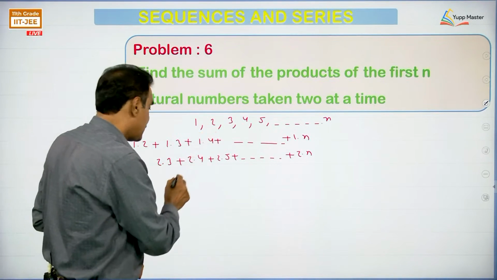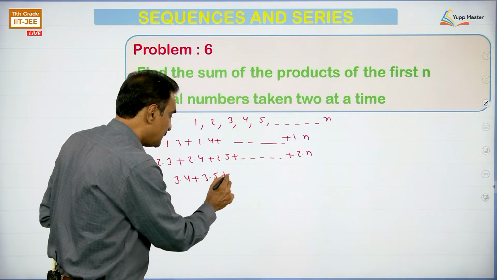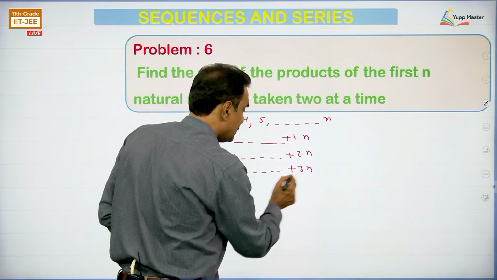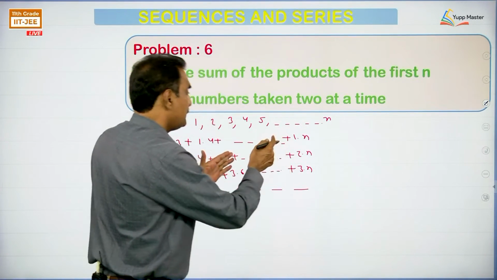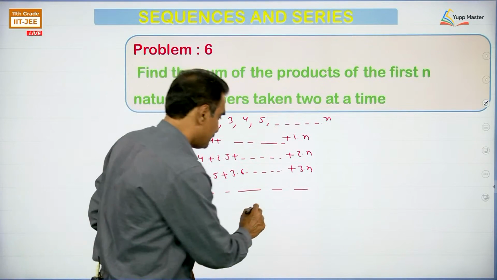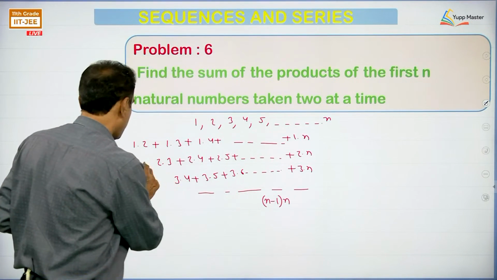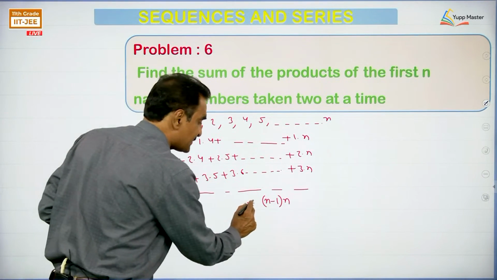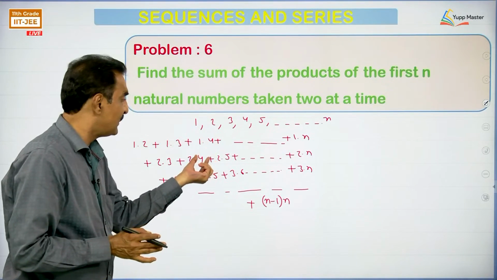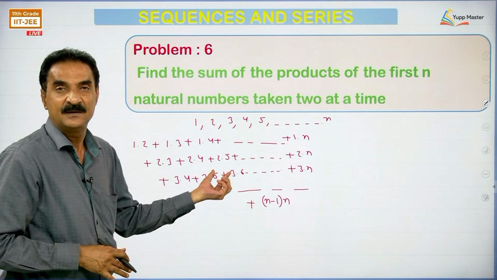So, we have to take 3 into 4 plus 3 into 5 plus 3 into 6 and so on, 3 into n. In this way, finally, n minus 1 will multiply with n. So, we have to find the sum of all these products. Observe that every product is taken only once. 2 into 5 is there, but 5 into 2 won't be there. Is it not?